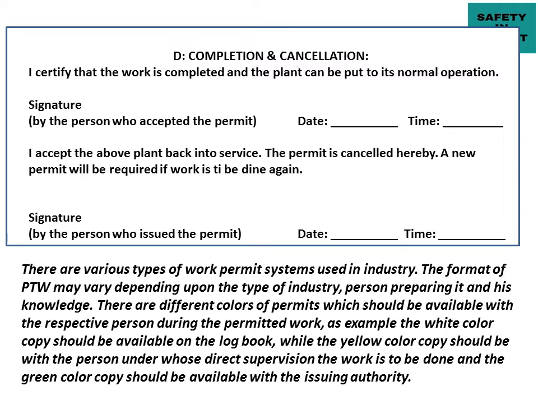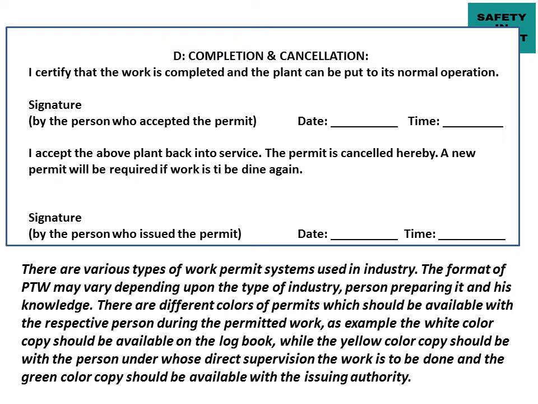So, the format of permit to work may vary depending upon the type of industry, person preparing it and his knowledge, and also the competent person who is preparing the permit, according to his knowledge also the format may vary.